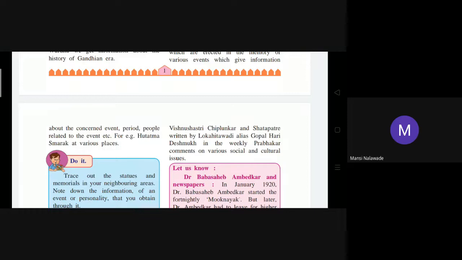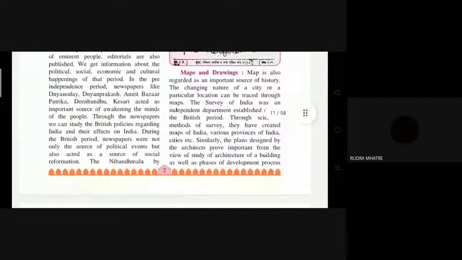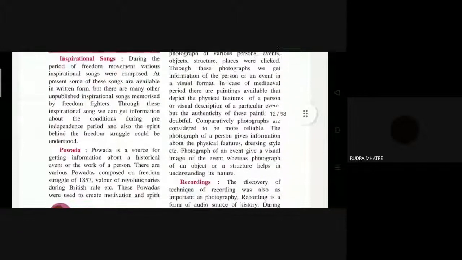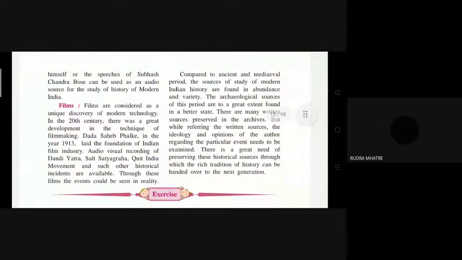Yes, Rudra. Yes, Miss. Buildings include government offices, residences of officers, leaders, and revolutionaries. Yes, this was expected. This includes palaces of rulers of princely states, forts, prisons, etc.